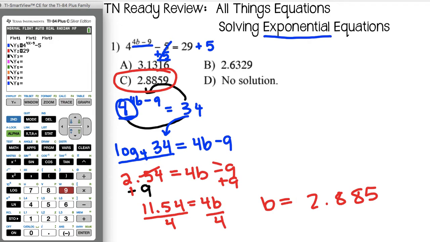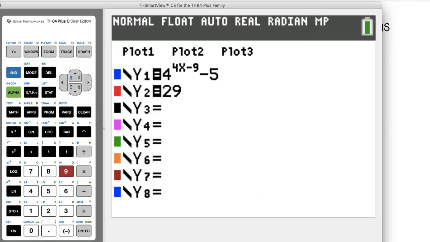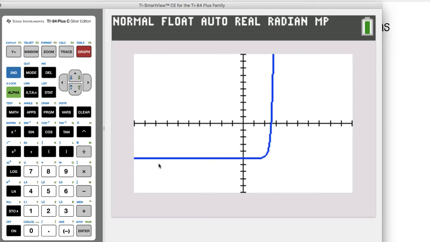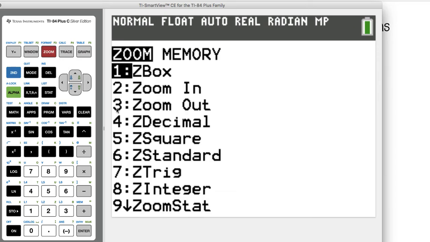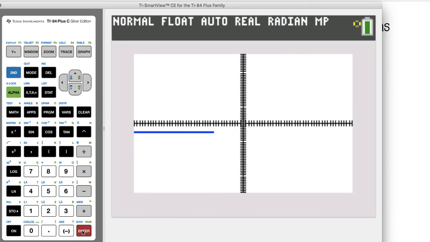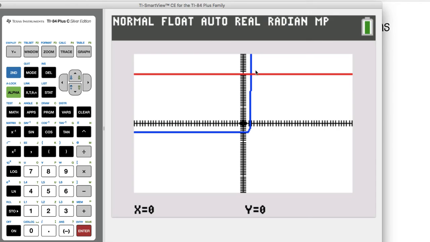So I'm going to zoom this in a little bit so you can see it. All right, so I'm going to go to graph, and I'm going to look at my intersection. So as I was talking about a moment ago, I'm not seeing the 29 because I have to zoom out in order to see it. So I'm going to continue to zoom out, and there it is.